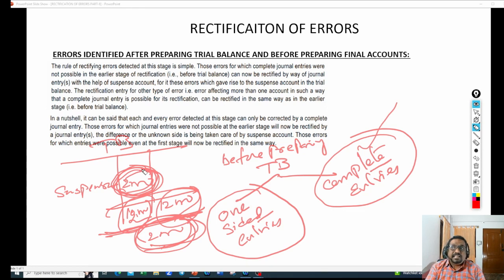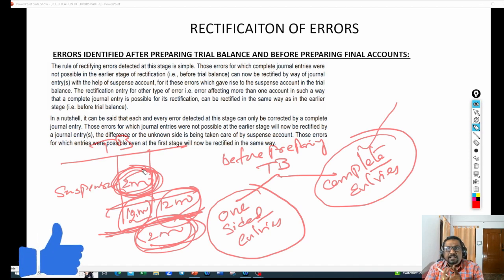But here in second stage, what happened? You prepared the trial balance. You identified the difference and it has been posted to suspense account. Now the balance is lying in suspense account. Now you identified the error. That error can be a one-sided error, or it can have impact on multiple accounts. If it is a one-sided error, you give an impact to that particular account and the other leg will be given impact in suspense account. If it is multiple accounts, the impact will be given in multiple accounts.